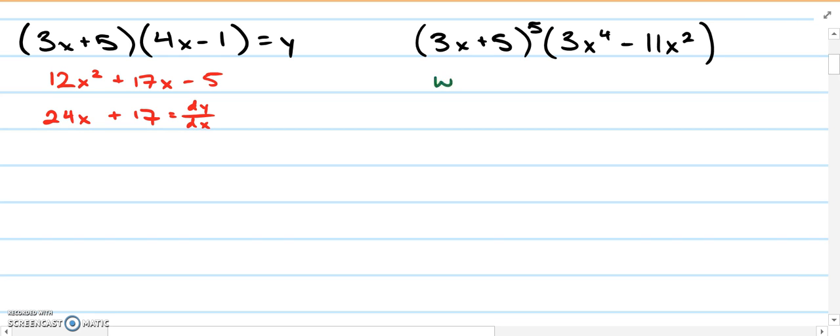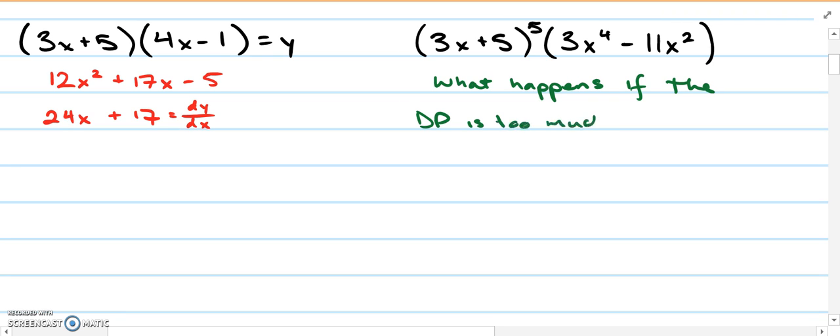What happens if the distributive property is too much work? And that's exactly what this situation right here represents. It represents the fact that you have to do way too much to achieve a relatively small result. So the product rule is going to give us a way to take care of that instead. Here we go. Next question.